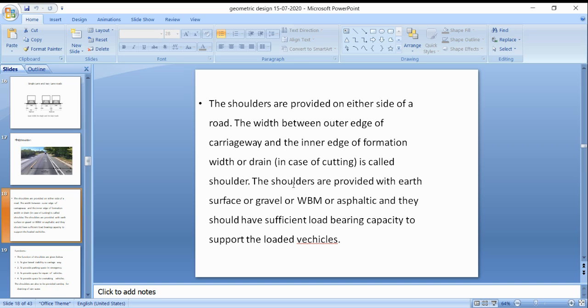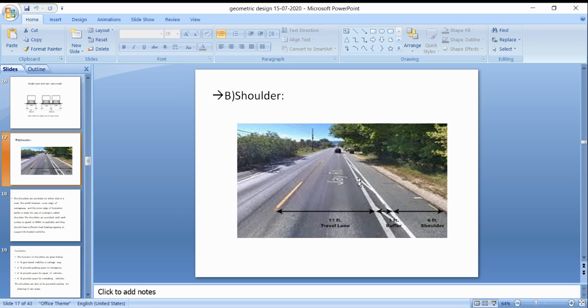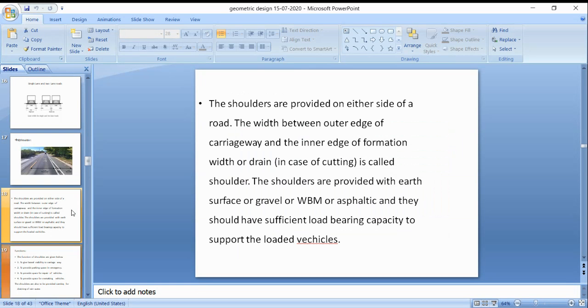They are required to drain off the water, and they should have sufficient load bearing capacity to support the loaded vehicles. Whatever the loads are there, if they want to park aside and have a break, they can park at the shoulder side of the roads.